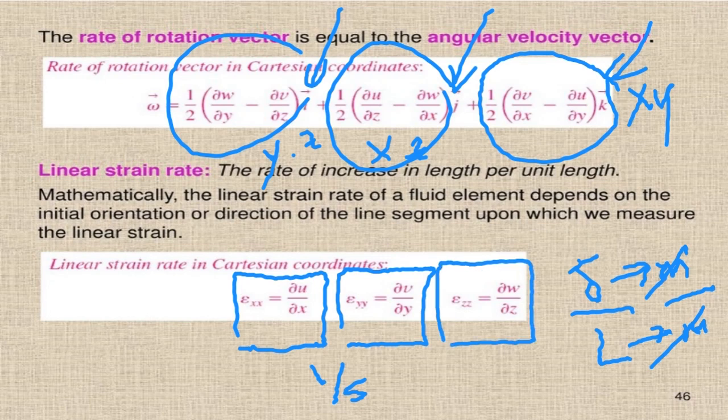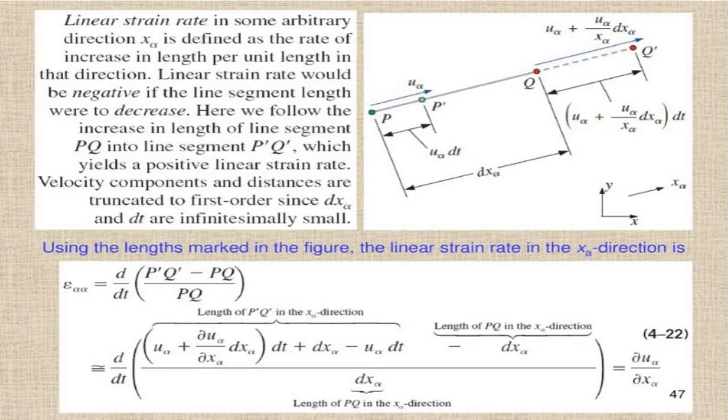They just mean that the fluid particle is elongating as du over dx per unit time. This is the theoretical explanation of this, so you can just skip this. It's not so important.